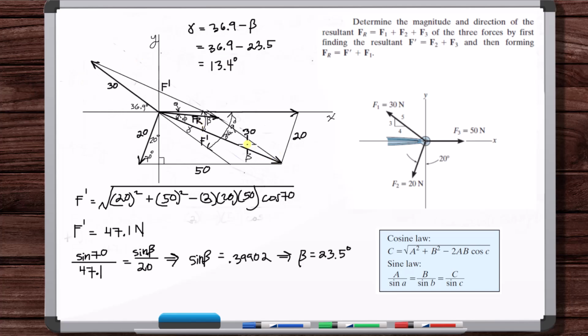Okay, now next what we'll notice is these two lines are parallel, and here's a transversal, opposite interior angles. This is gamma. So we have these two sides and the angle between the two sides. We can use the law of cosines to get FR.